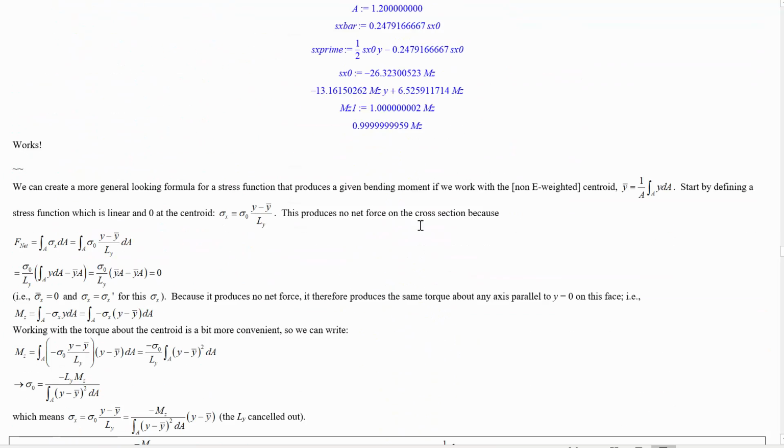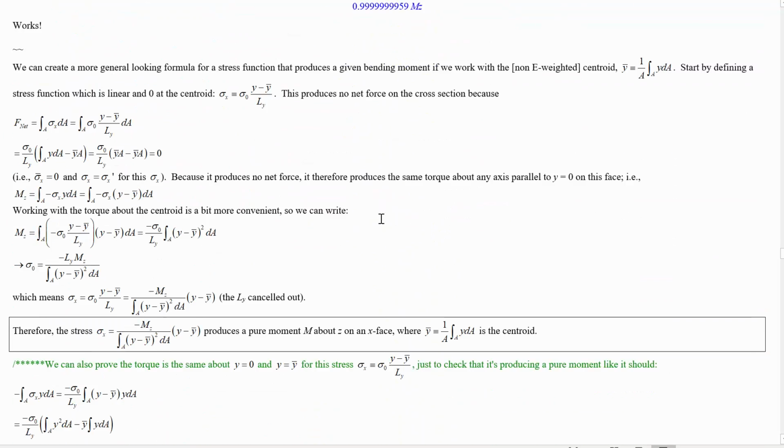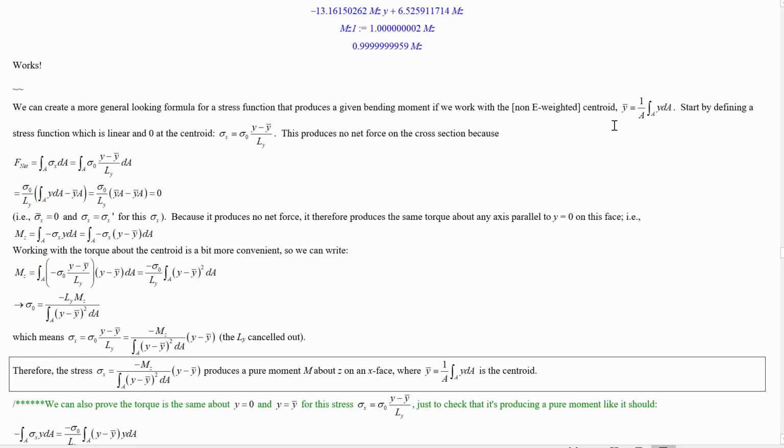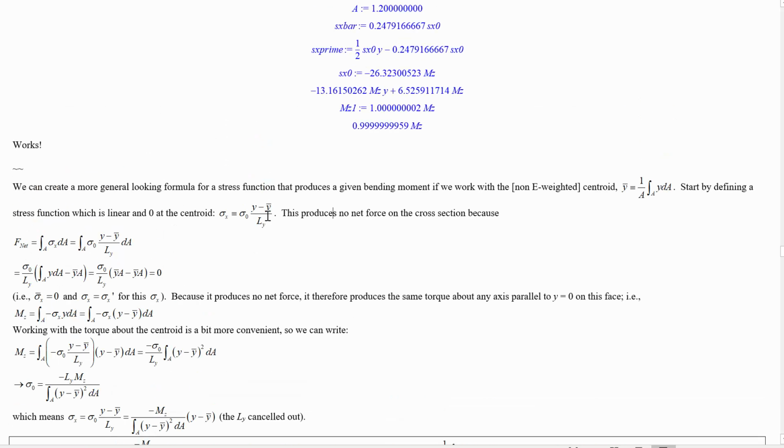And after we got used to this with some special cases, we were in better position to come up with a more clever way of writing a function and checking that it really does do what we're looking for. Where's the inspiration for this? Well, this is going to be something that produces no net force because it kind of scales to be centered around the center Y in the area to begin with, which is where the logic for that was.